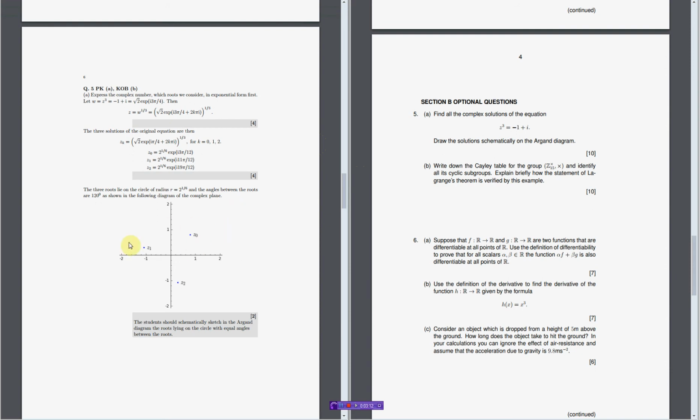And they'll be equally spaced around this circle, so the angle between each of them will be a third of 2 pi, or I've written it as 120 degrees here. So I've used the computer to draw a plot of where these 3 roots z0, z1, z2 are. But any kind of relatively accurate hand-drawn plot will be okay as well.